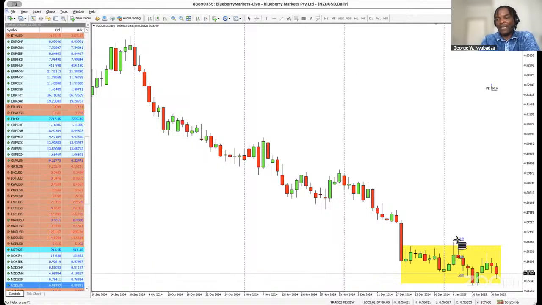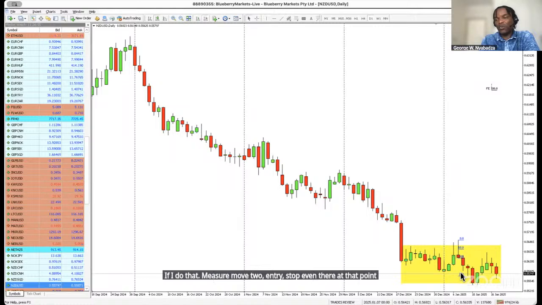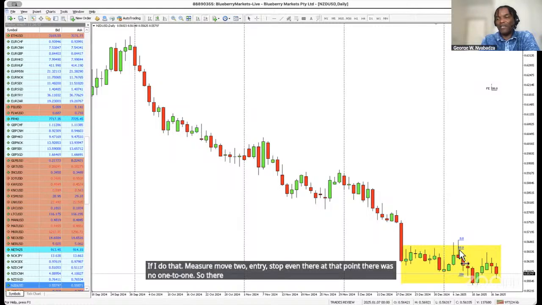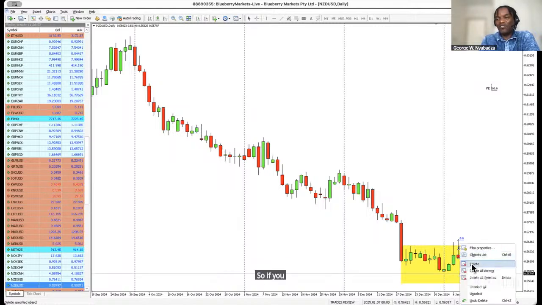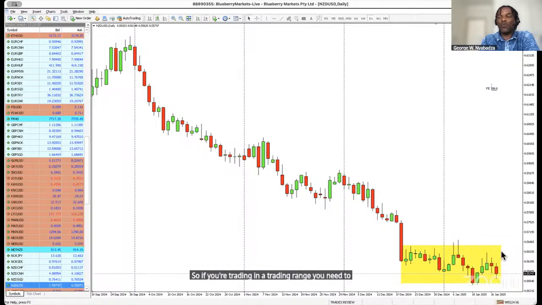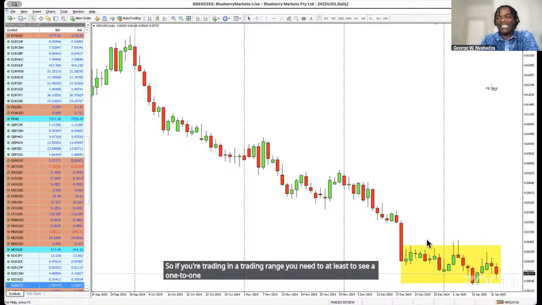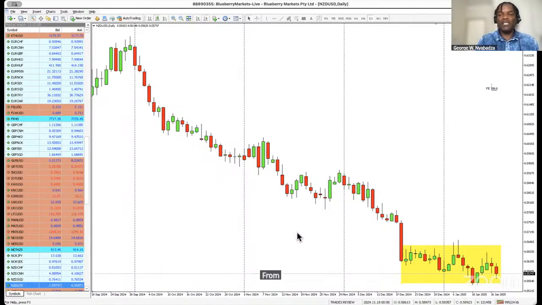If I measure move to entry, stop, even there, at that point there was no one-to-one. So there's no point doing anything. If you're trading in a trading range, you need at least to see a one-to-one before you can jump in. So nothing to do in here at all from a pure price action perspective.